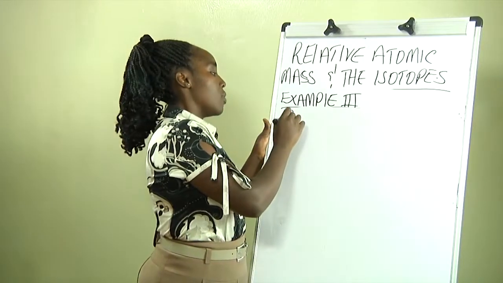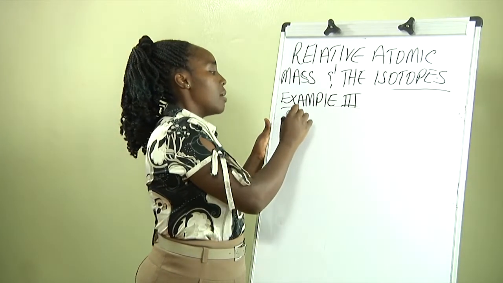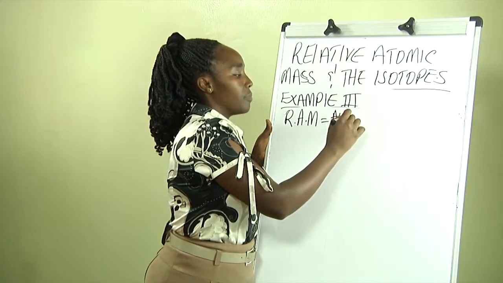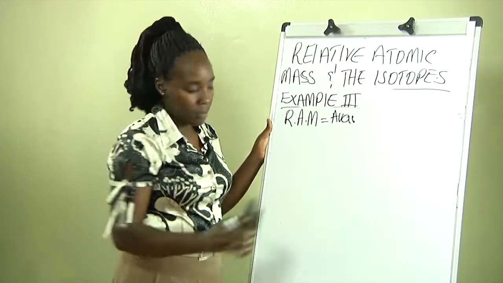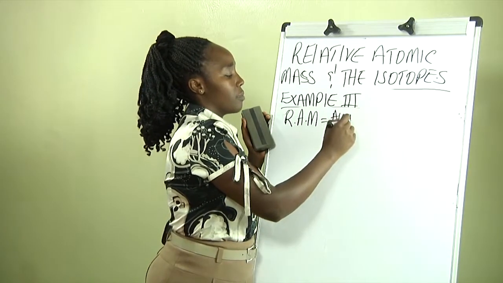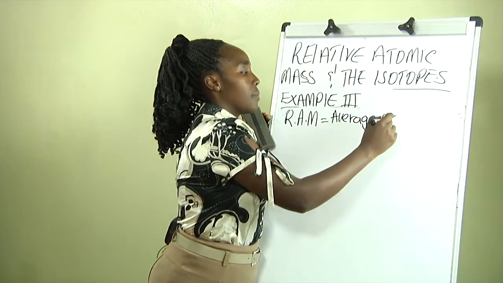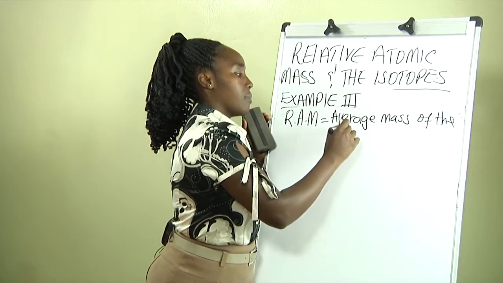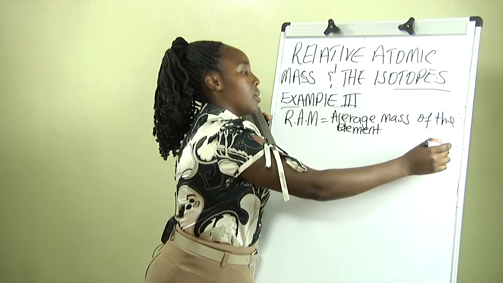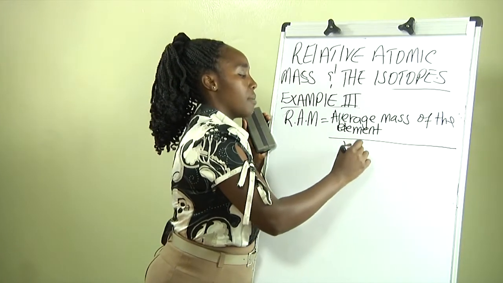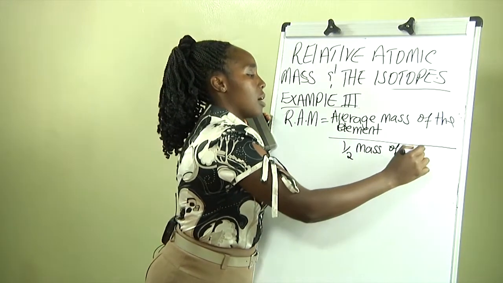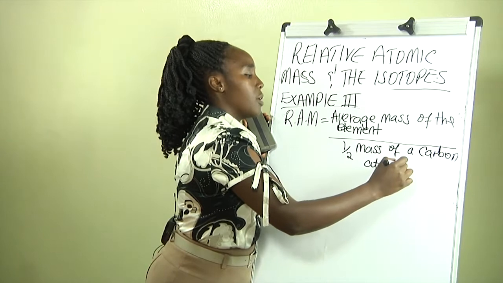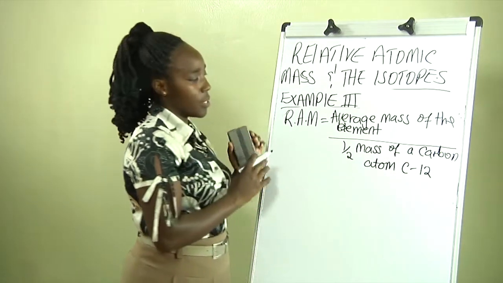Once again, we always begin by writing the RAM, that is relative atomic mass, which is equal to the average mass of the element, and we divide that by half the mass of a carbon atom, that is the carbon 12, which we have there.